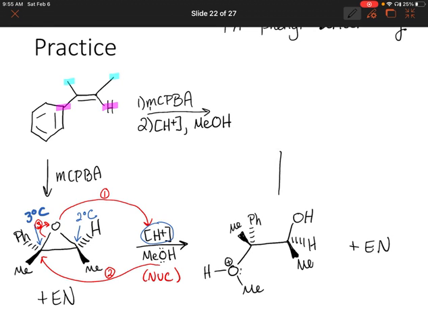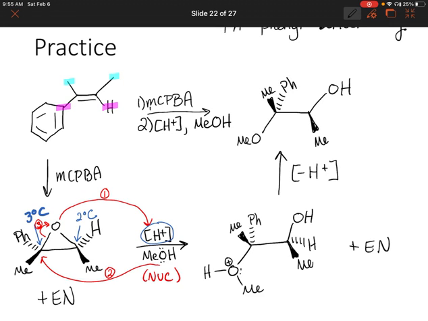Okay, and then in the last step, we're just going to deprotonate that oxygen, probably using the methanol. And we get our final product. Or I should say products, since we have an enantiomer.